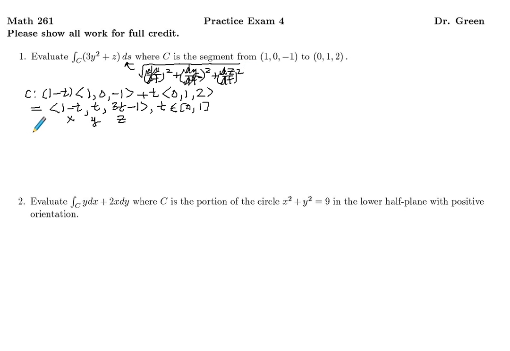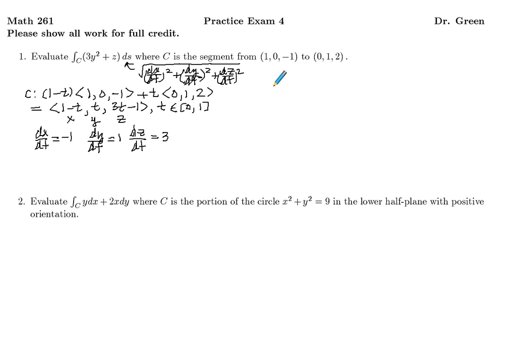Okay, so x is 1 minus t, so just note there then that dx/dt is going to be equal to -1. Since y is t, dy/dt is 1, and then dz/dt: z is 3t minus 1, so dz/dt is 3.